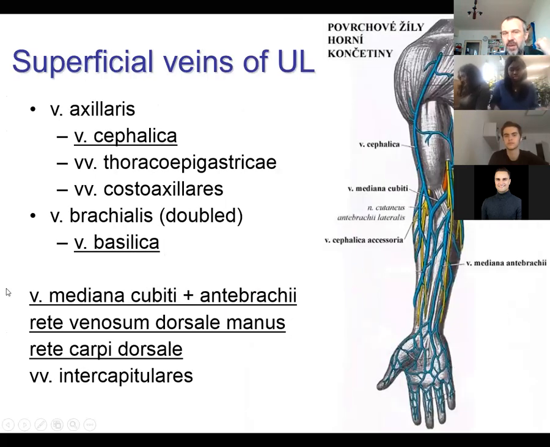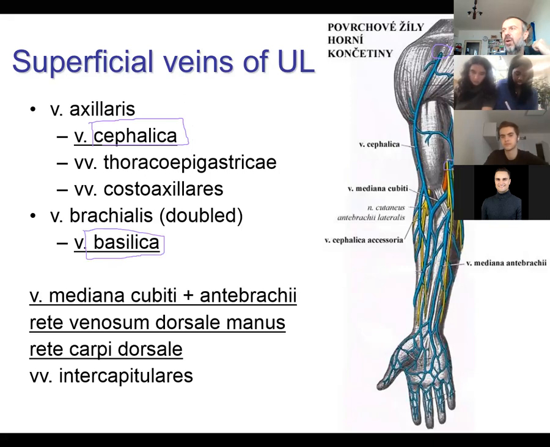And for the superficial veins, I think it's not a problem. You know the cephalic vein on the lateral side, draining here in the clavipectoral triangle. You know the basilic vein on the medial side, submerging in the basilic hiatus and then draining somewhere within the arm or as far as the axilla.